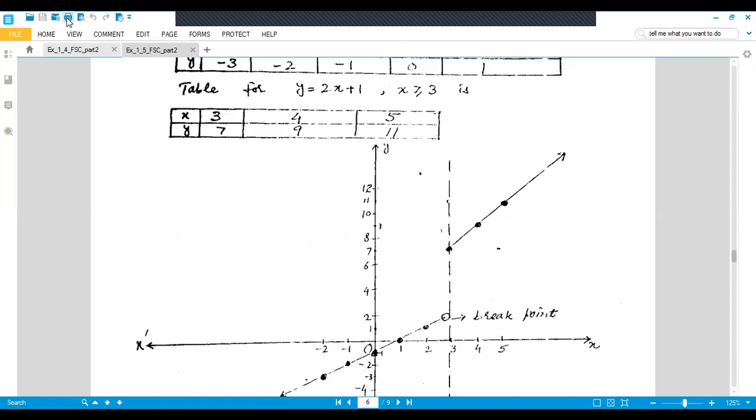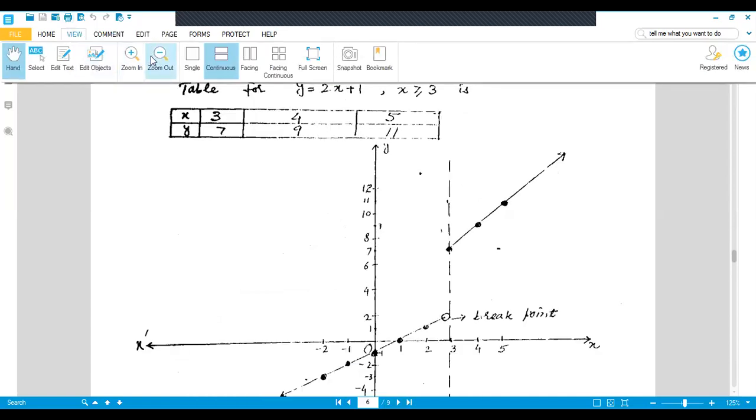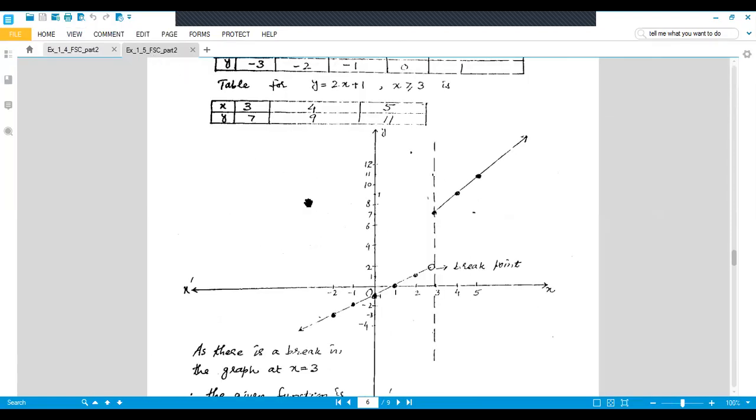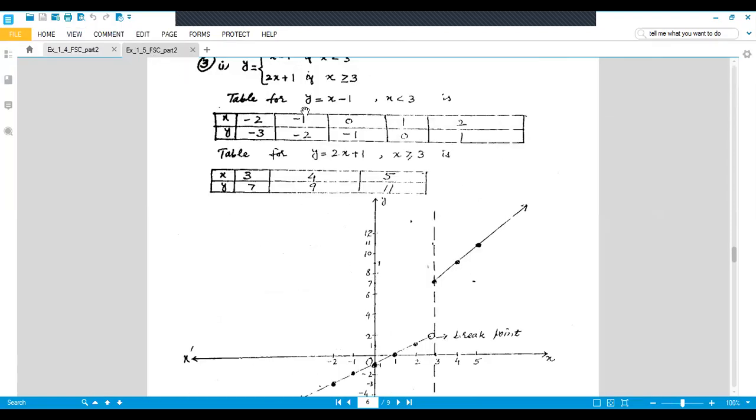This one. When you put x is equal to 0, y is equal to minus 1, this. When you put x is equal to 1, y is equal to 0, so on this line. When you put x is equal to 2, y is equal to plus 1.